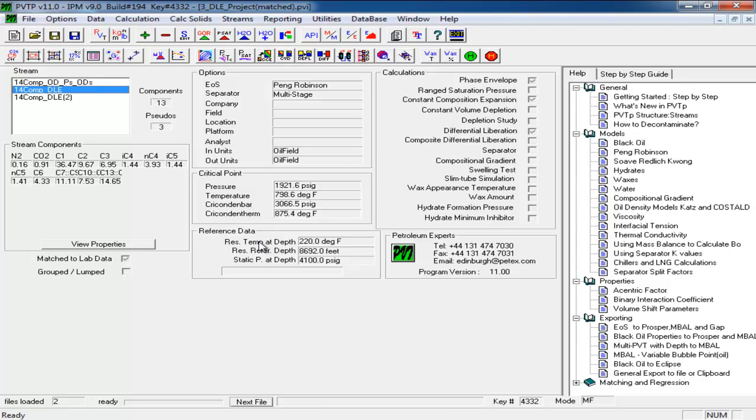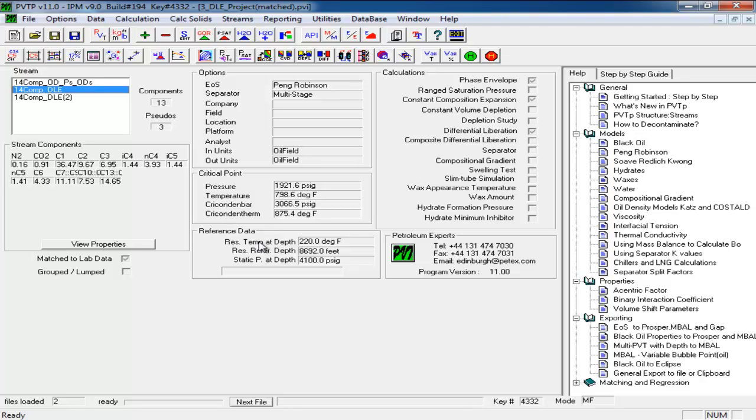So we are in this step, and we have seen that in CCE we match relative volume. In PSAT we match two things: PSAT and oil density at saturation pressure. Here we match several things. We start by RSD. When we say D, it's for differential test.